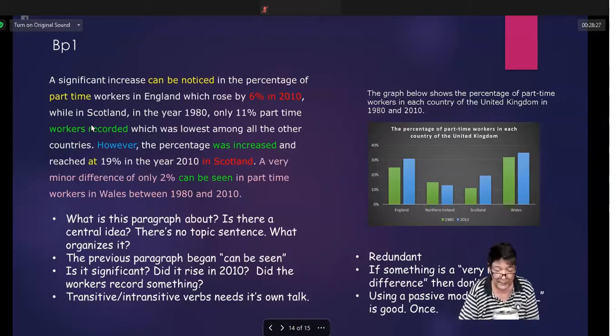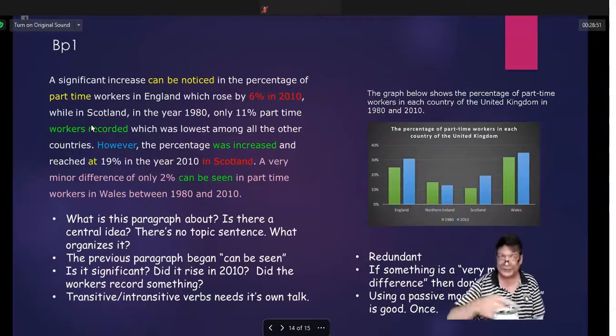Now, something I could do a whole talk about is transitive and intransitive verbs and how you cannot use intransitive verbs in the passive voice. Now, "increase" is both transitive and intransitive. But transitive verbs are verbs that take objects. Most verbs are transitive. Yeah?